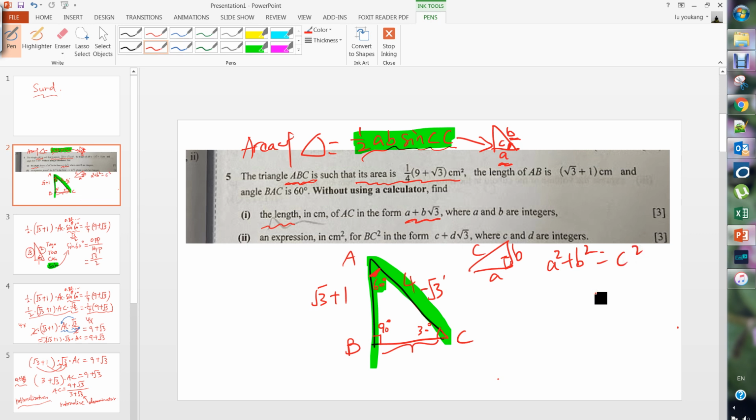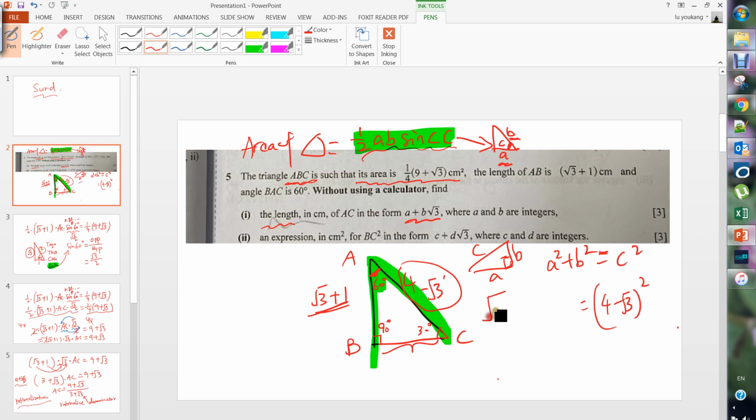In this case, your hypotenuse, which is your C, is this. So therefore, this is 4 minus square root 3 square is equal to A. Which one is your A? This is your A, okay?